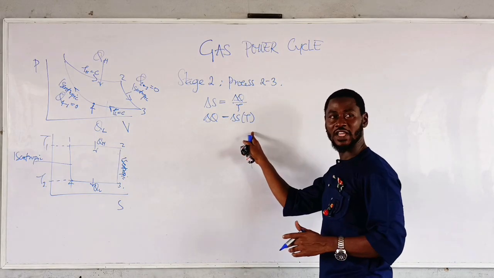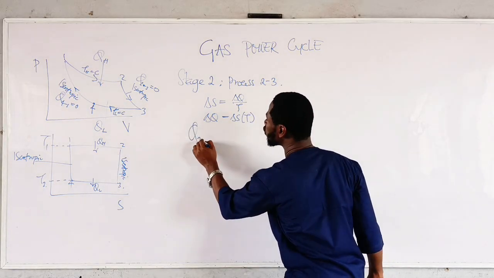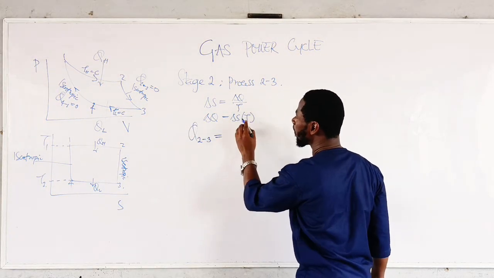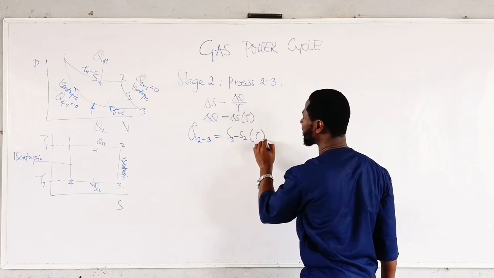That is why Q tends to 0 at this level. So therefore, Q2 to 3 equals to S3 minus S2 multiplied by T.